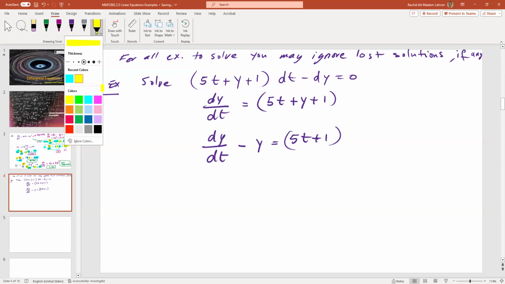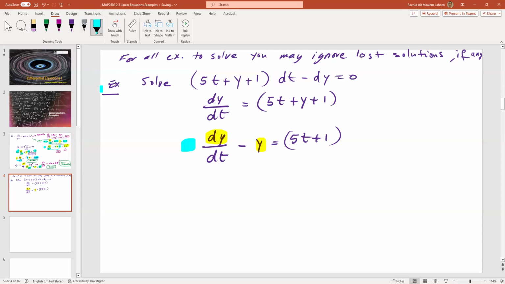All right, so if we use again the colors, dy, we expect y there. But now for the others, dt, that looks good. So the method says once you have this, you need to calculate the integrating factor using this formula. I'll remove this because it's either x or t, right? So let's just put p.